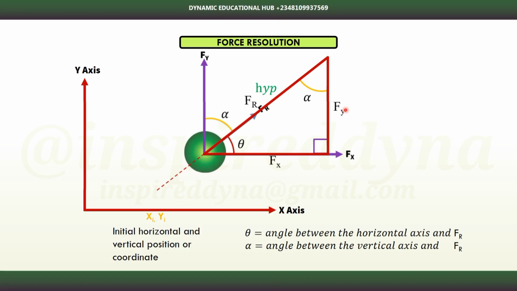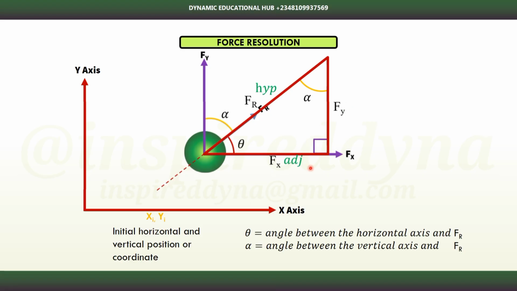If you are picking theta, we know that the longest side is the hypotenuse. That is why we have hypotenuse here. So if we are using this theta, the angle of inclination between the horizontal axis and the resulting force, the force that is acting, we pick it: this Fy is opposite, and this Fx is adjacent.